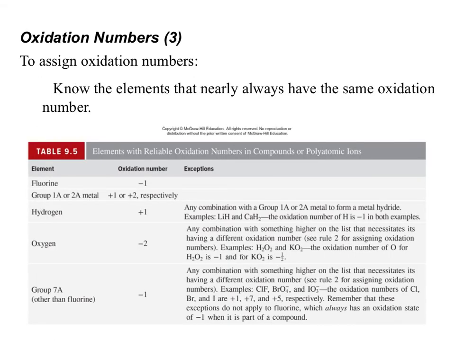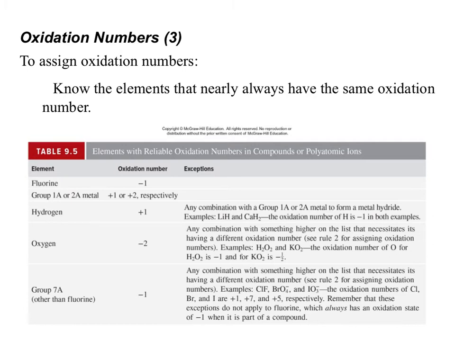Therefore, to assign oxidation numbers, you're better off knowing the elements that nearly always have the same oxidation number, which are here in this table. Fluorine is always -1. Group 1 and Group 2 metals are always +1 or +2 respectively. Hydrogen is practically always +1 unless combined with Group 1 and Group 2 metals.